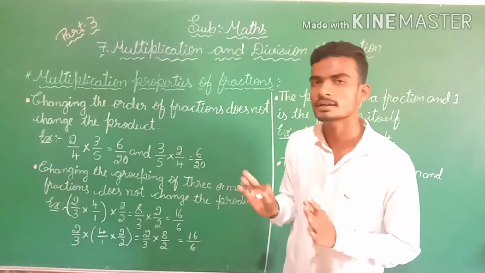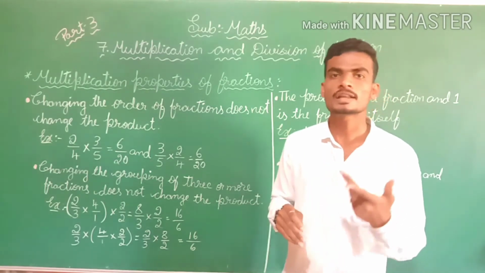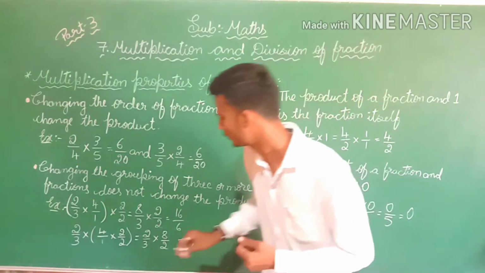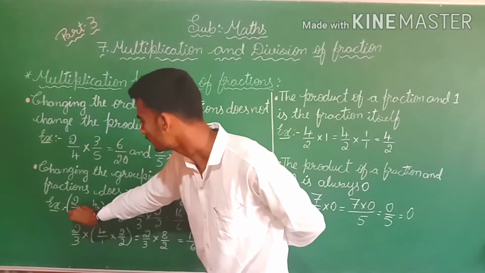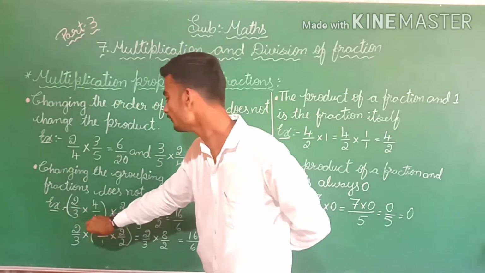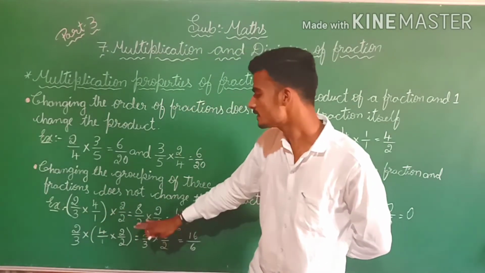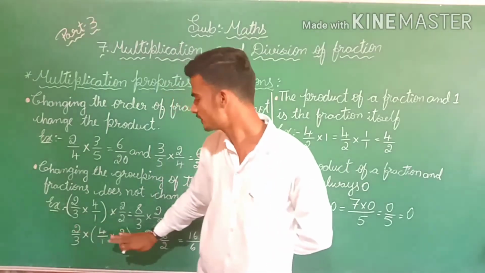You know already how to make a group if more than 2 numbers arise. I have taken one example here, that is 2 by 3 into 4 by 1 into 2 by 2. These are the 3 fractions I have taken.